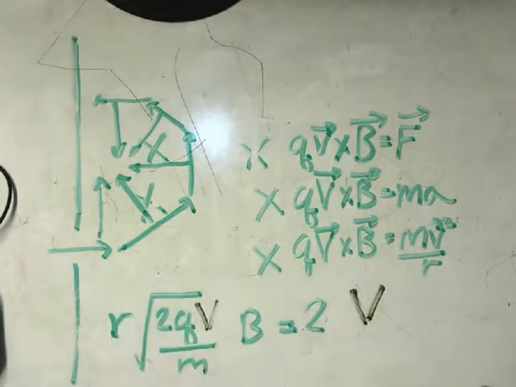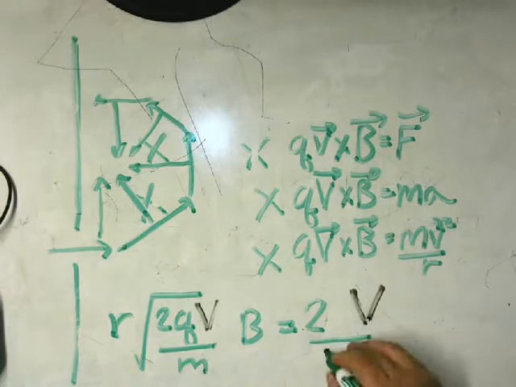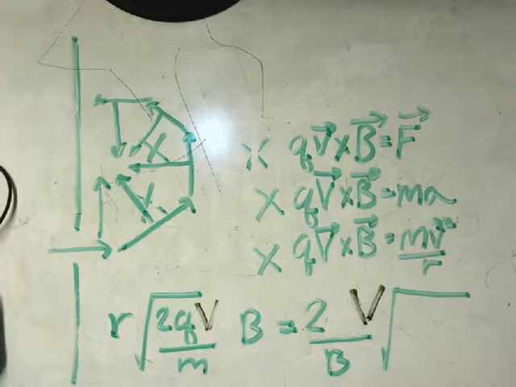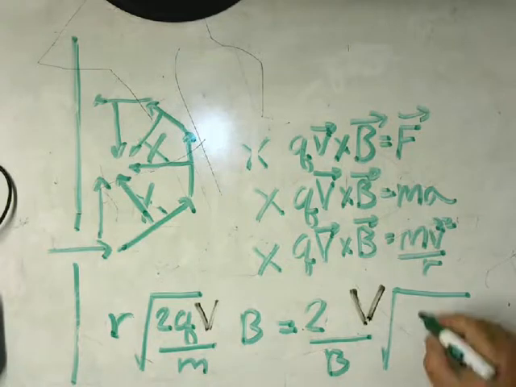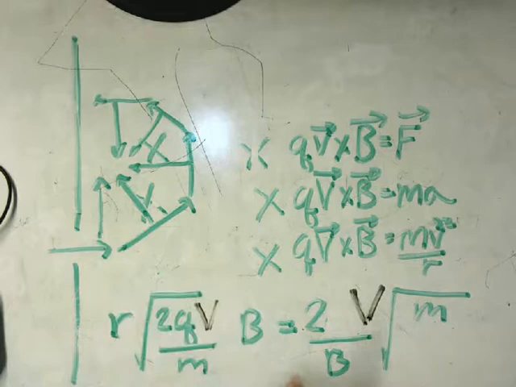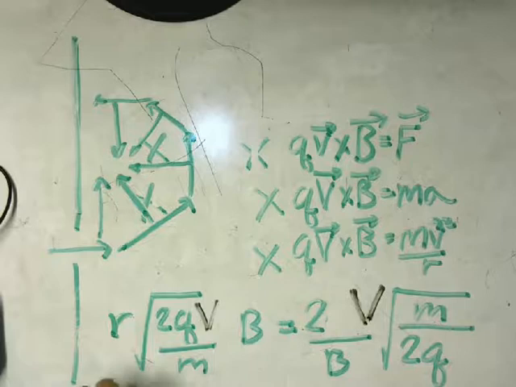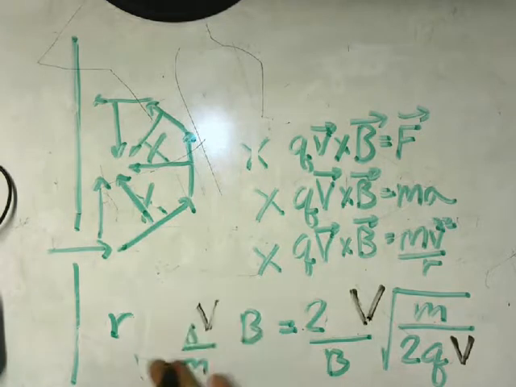So B is going to end up on the bottom. And that's going to be times M, dividing by, so the terms flip, 2 Q V. Okay? So this term is now gone. This term is now gone. And I'm left with this relationship.